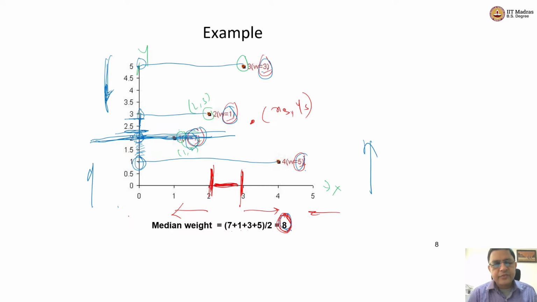Hope that is understood. So on the y-axis, I actually get a unique location. Y equal to 2 is the unique location going from bottom to top or from top to bottom, which is something that I did not get when I solved the problem on the x-axis.